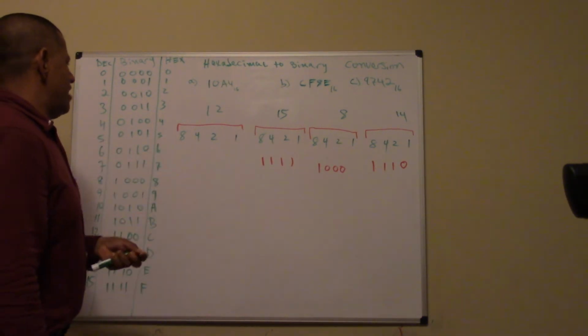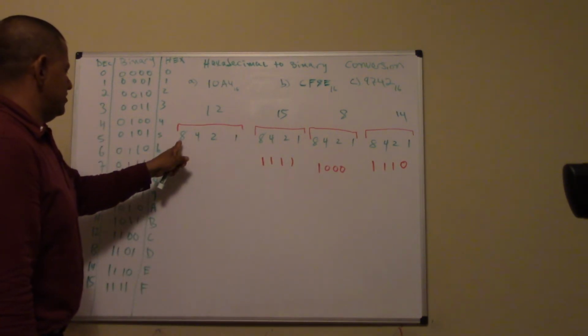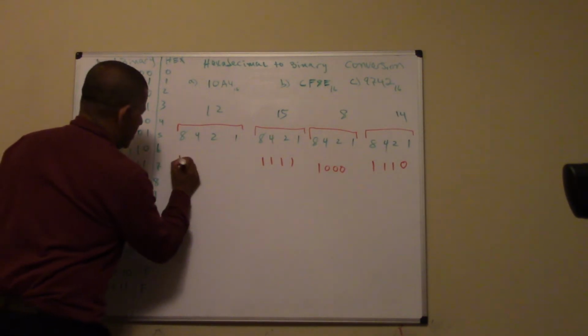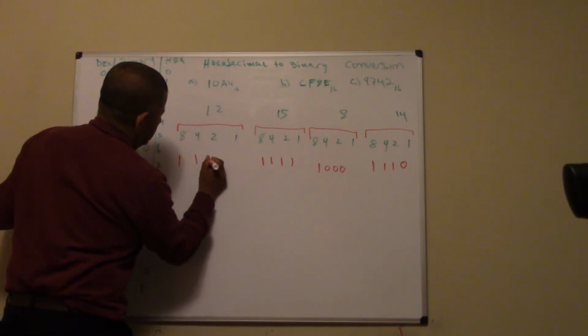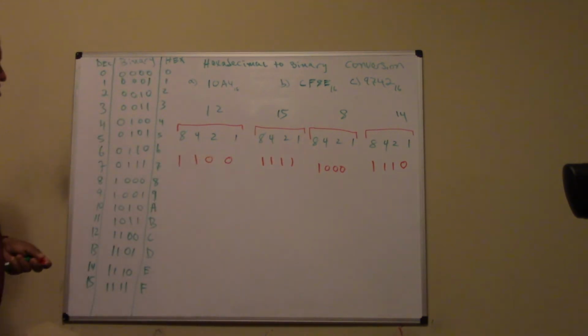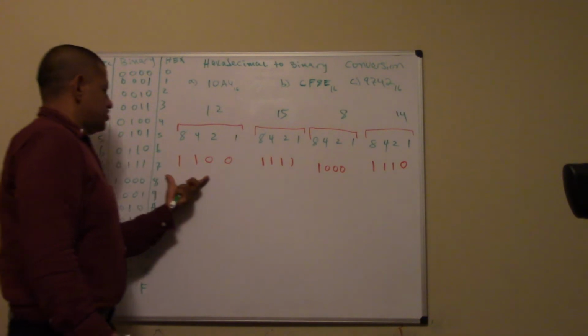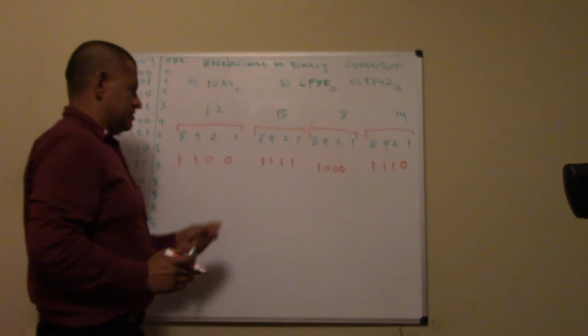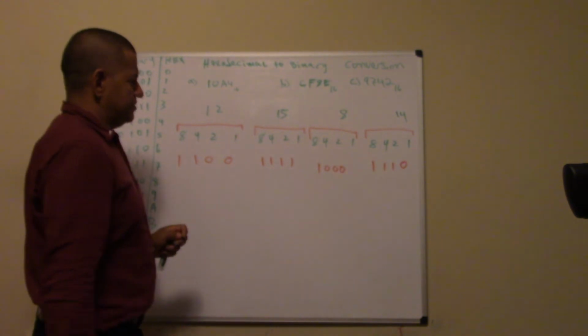What about here? How do I get 12? Well, 12 is basically 8 plus 4. So this needs to be on, this needs to be on, this needs to be off, and this needs to be off. Now I need to put this together and make one number.